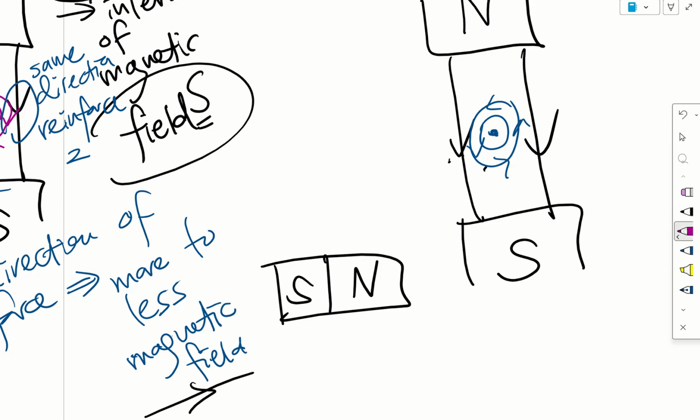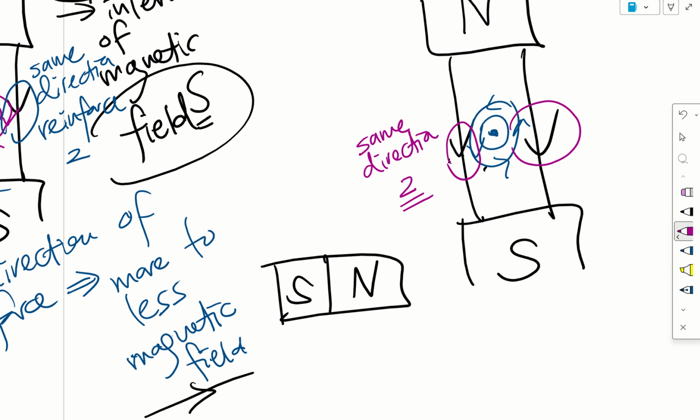So let's look at the area on the left hand side of the wire. There are two magnetic field lines and they are in the same direction. If they are in the same direction, they will reinforce each other, and therefore there will still be two magnetic field lines. On the right hand side, the magnetic field lines are opposite to one another.